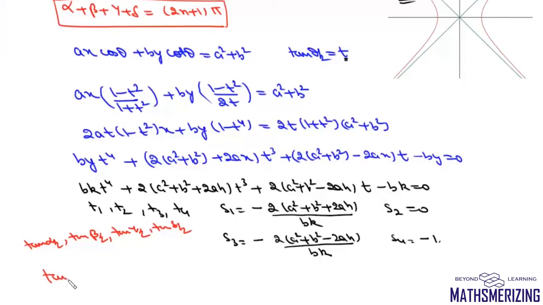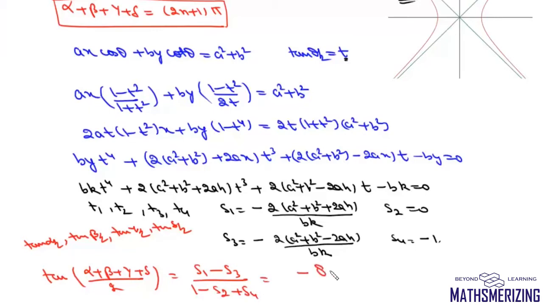Now we'll write tan of (alpha plus beta plus gamma plus delta) by 2. We know that this is equal to (s1 minus s3) upon (1 minus s2 plus s4). Now we'll have this s1 minus s3, which will be minus 8ah upon bk, upon 1, s2 is 0 and s4 is minus 1, so it will be 8ah upon bk upon 0.